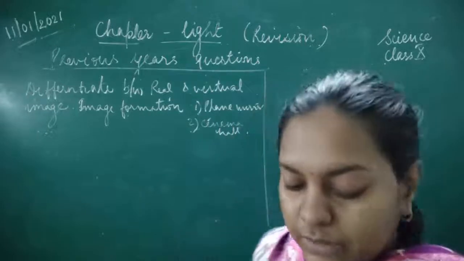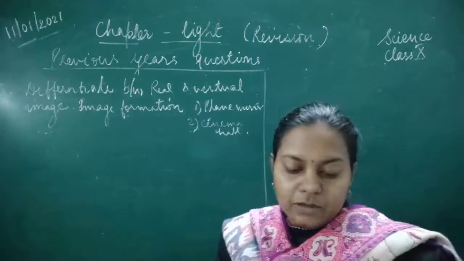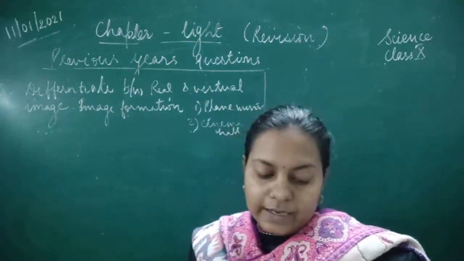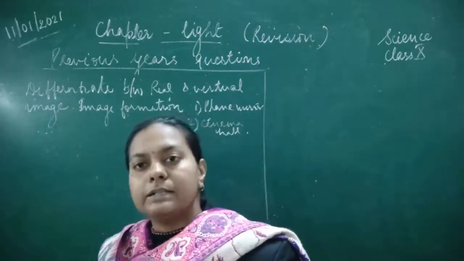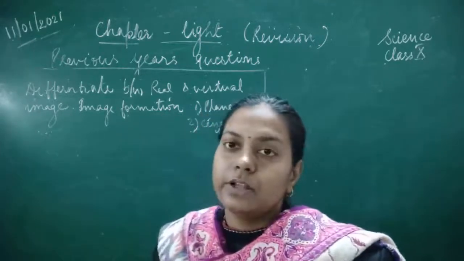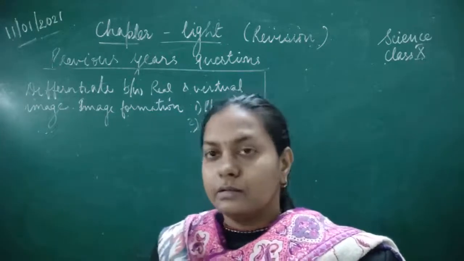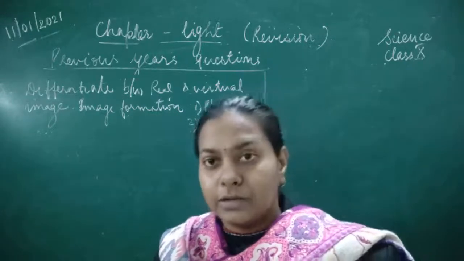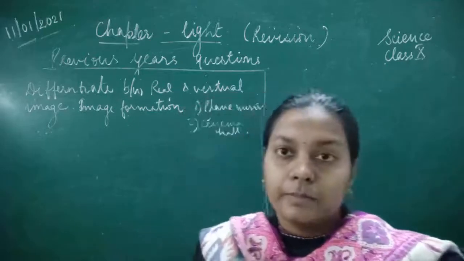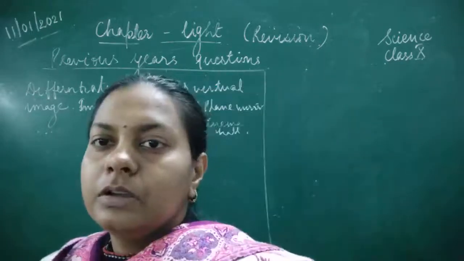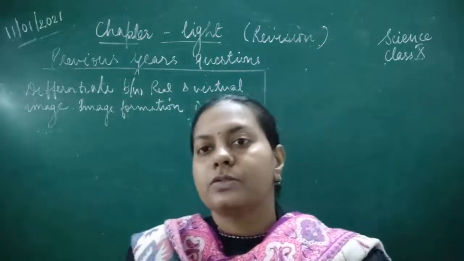Okay, first question says, if the ray of light after reflection converges on a point to form an image on its own, this is known as the real image. So children, a real image is an image which is formed actually where the object is present. Real images are always obtained on a screen.